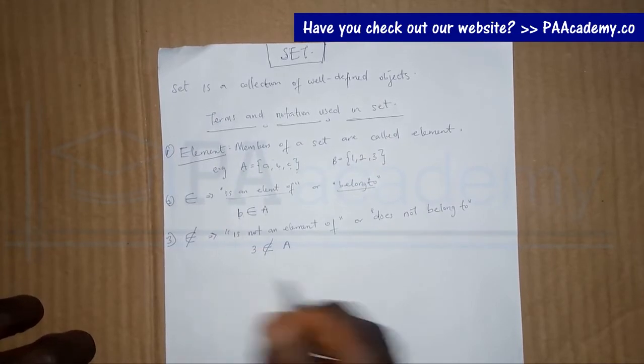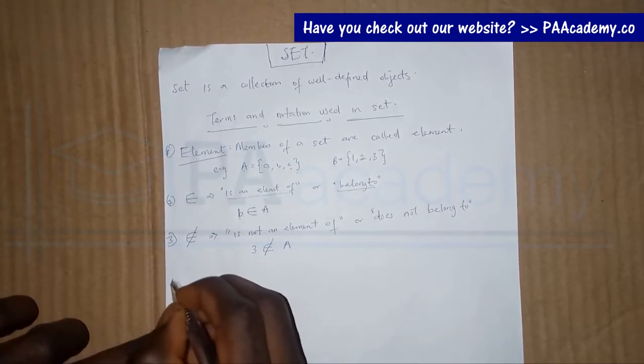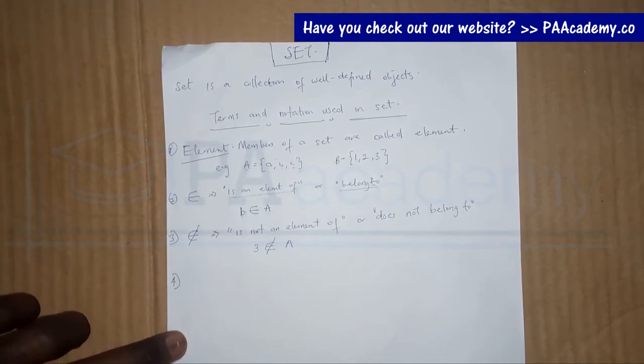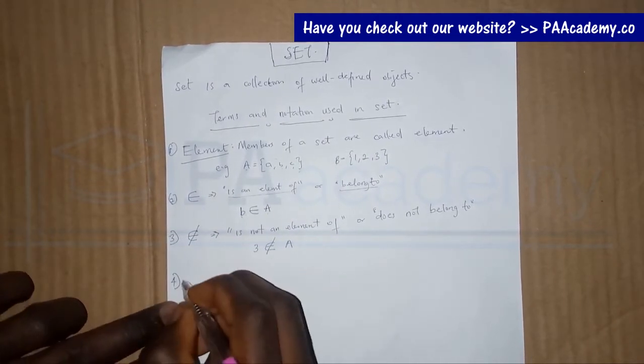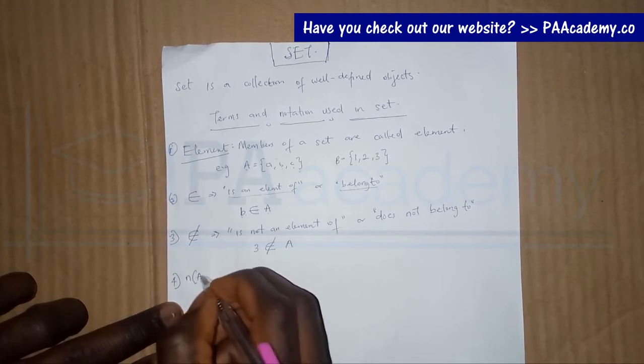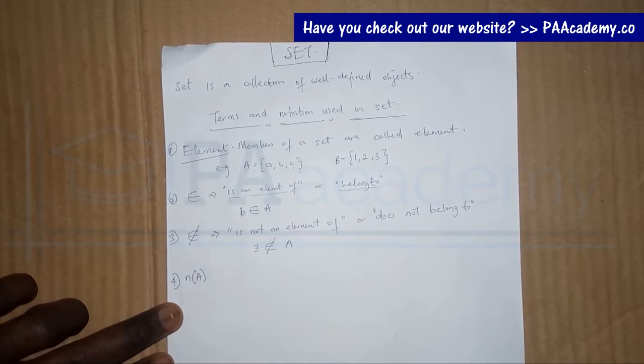Alright, now let's go to number 4. If you have this notation, n with brackets and A, this A could be any letter, it could be anything.